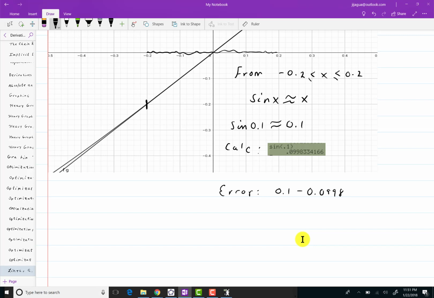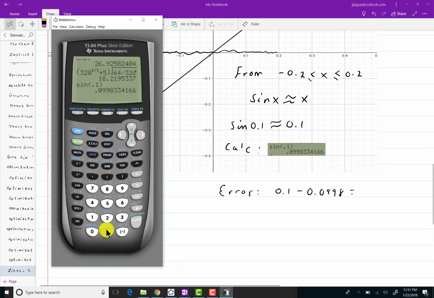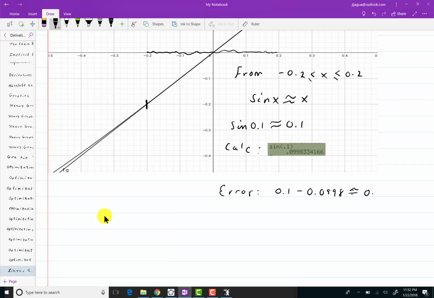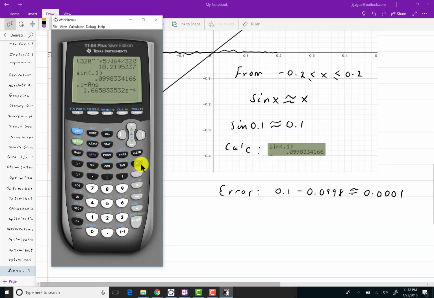If I do 0.1 minus the answer, it'll give me how much different this is. Remember, E negative 4 means there are 3 zeros in front of that. So this is approximately 0.000167.